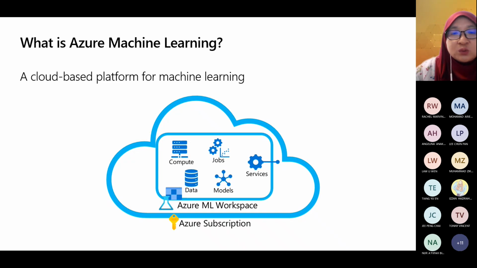When you're ready to use your model in an application, you can publish it as a service, which can be accessed over an HTTP connection. It's a bit tough, yeah? But you can refer to many resources for machine learning. Even Azure Machine Learning is one of the certification badges that you must pass for that expert level.